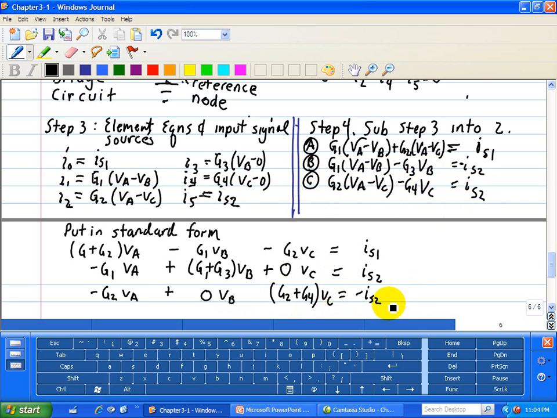So this is what we mean by standard form, in which along the diagonal it's positive, off diagonal terms are negative or 0. And then everything on the right side of this equation is associated with input signal sources associated with those nodes.